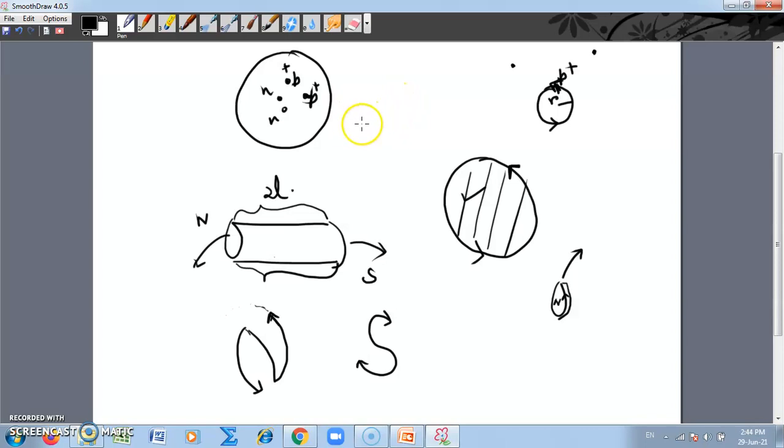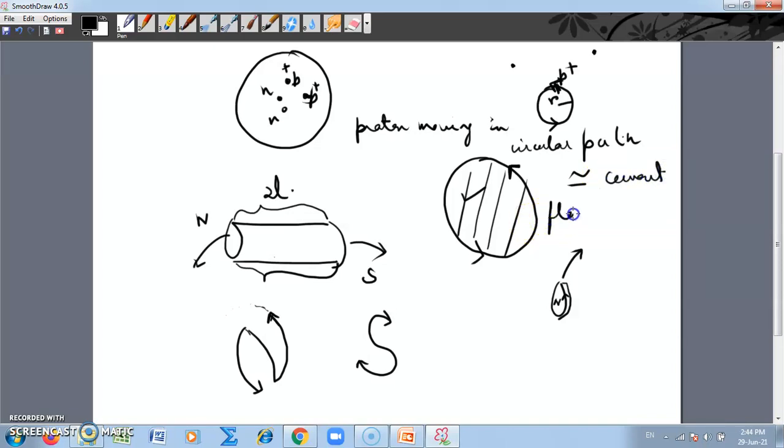So that means a proton moving in a circular path is equivalent to a current flowing in a circular, we may say wire or something like this.